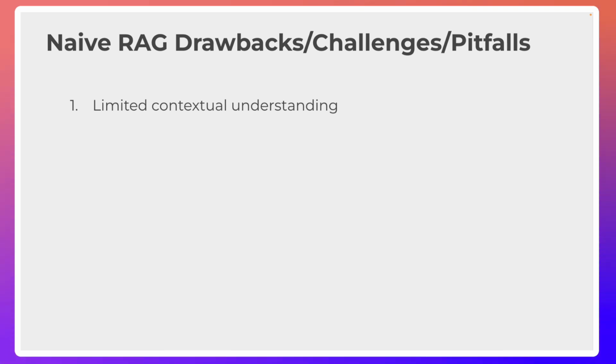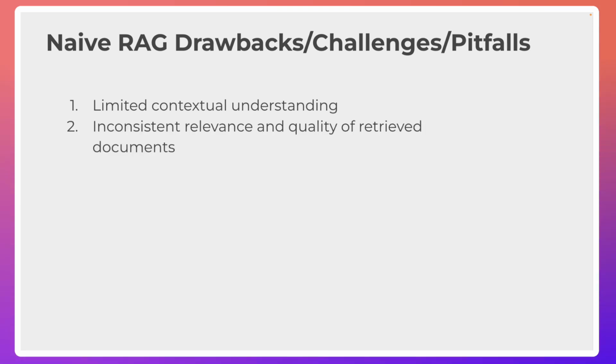Okay, so that is a problem, because naive RAG models often retrieve documents based solely on keyword matching or basic semantic similarity, which can lead to retrieving irrelevant or partially relevant documents.